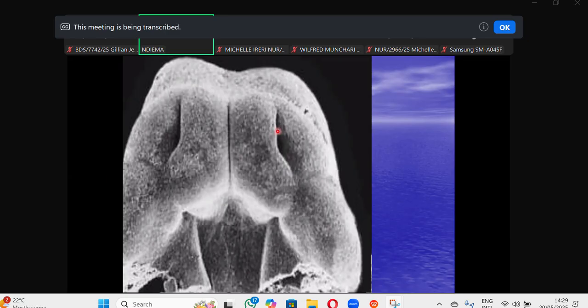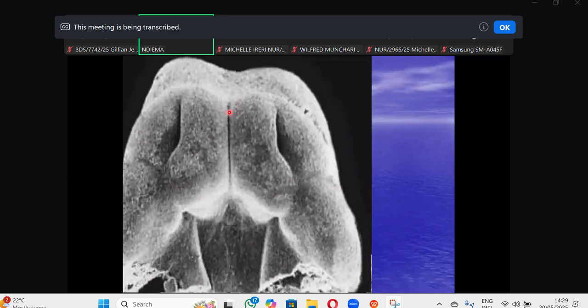From the intermaxillary process, we have the formation of the philtrum between the lips. The upper part of the upper lip is formed from the medial nasal process, and also the intermaxillary process that forms the primary palate.